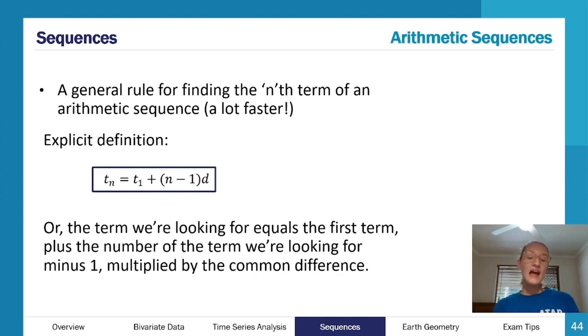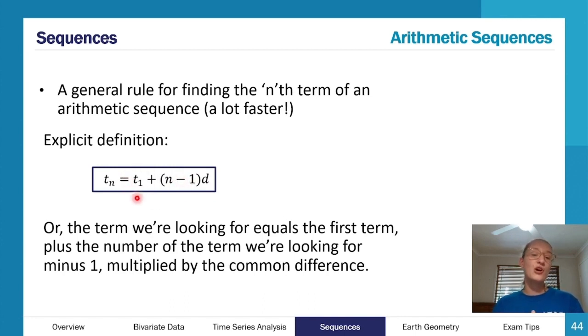And again, this formula conceptually makes sense in my head because we're saying, okay, the term number I'm looking for is equal to term 1, our starting point, plus this many applications of the common difference. So for example, if I'm looking for term 25, I'm taking term 1 and adding my common difference 25 take 1, so 24 times.